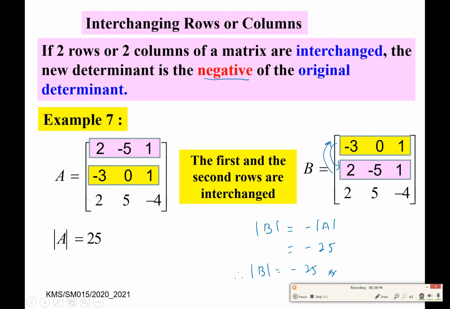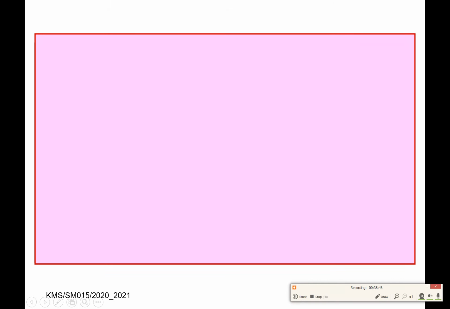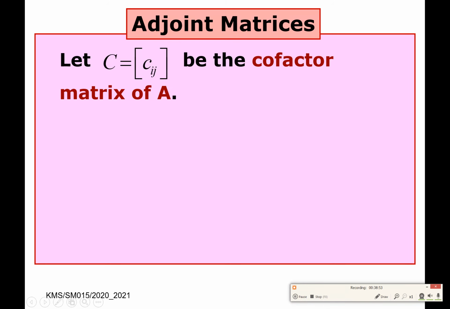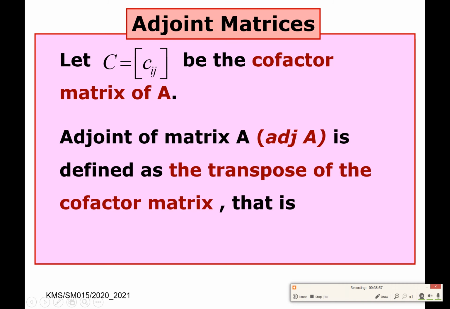The last part of this lecture is adjoint matrices. Let C be the cofactor matrix of A. The adjoint of a matrix, ADJ is the short spelling for adjoint, is defined as the transpose of the cofactor matrix.